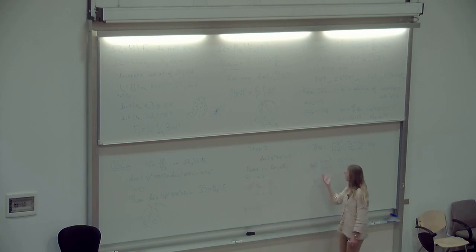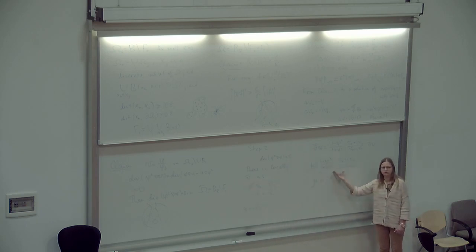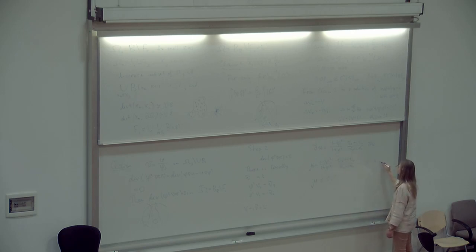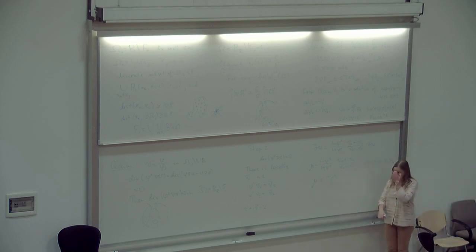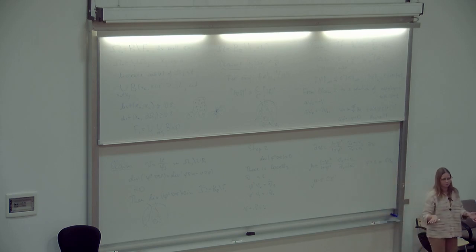I will just say, let us look at this coefficient. And we will extend phi to be 1 on the complement of the ball of radius r. So we'll have a function that is bounded by a constant times epsilon squared, and it has compact support.